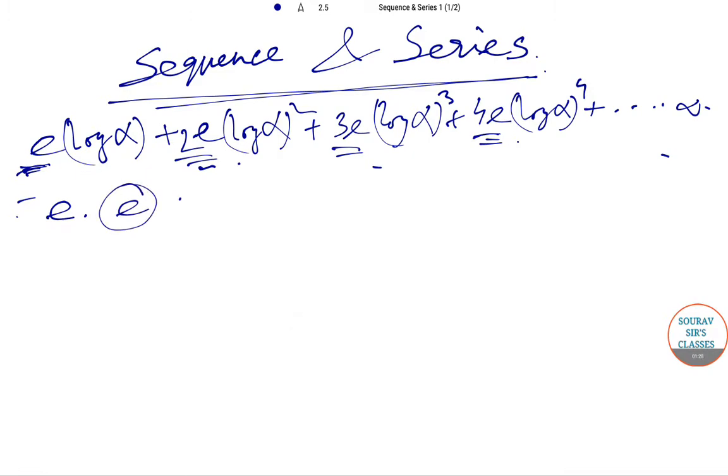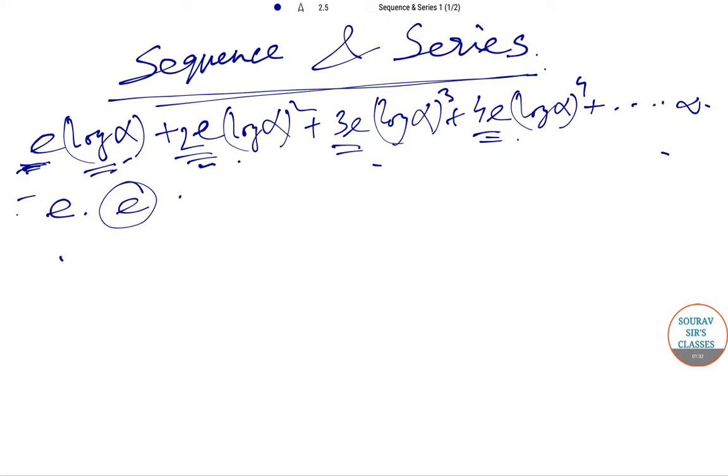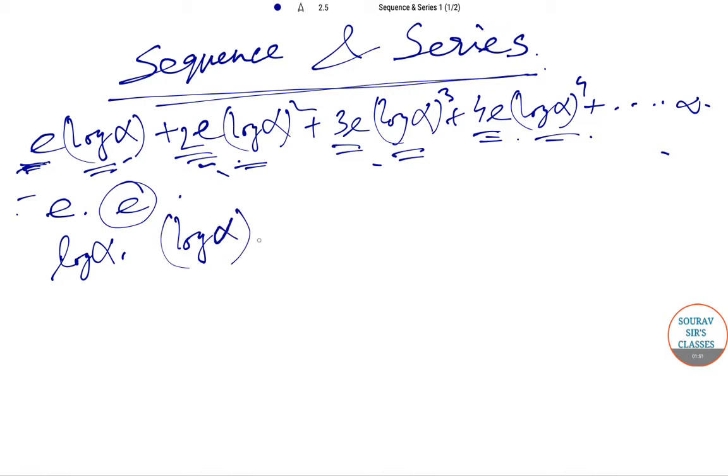Now the second part is log alpha, log alpha square, log alpha cube and log alpha to the power 4. It is going like a GP whose first term is log alpha and common ratio is also log alpha.